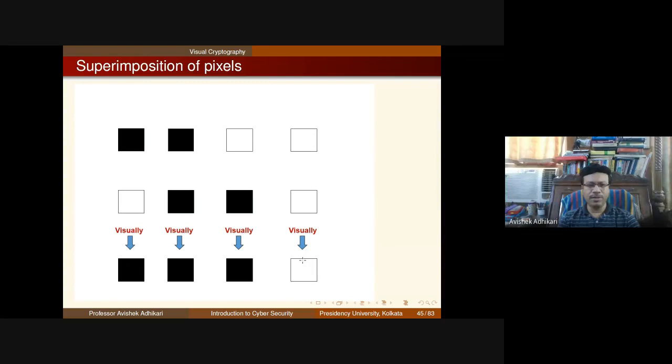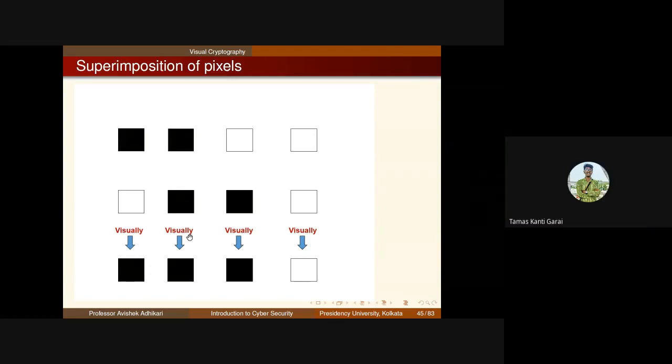Now, can anybody tell me what the mathematical operation is? This is a physical phenomenon, right? What mathematical operation is being done here? It's the OR operation. Very good.